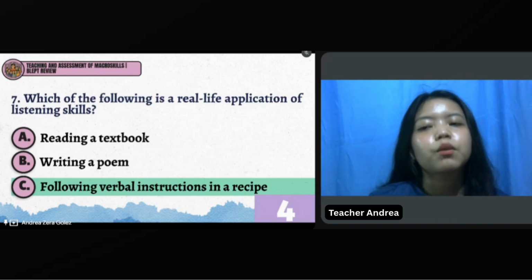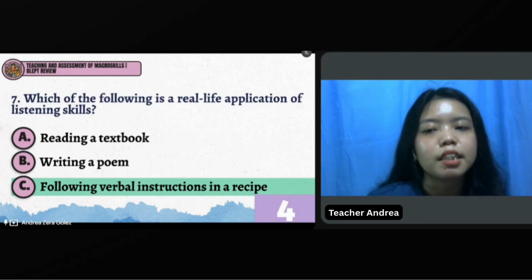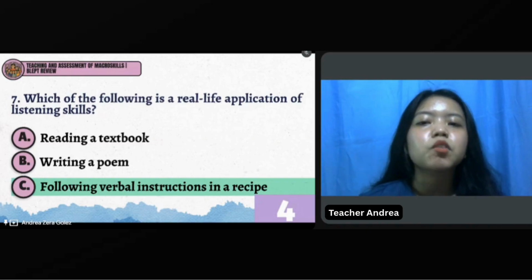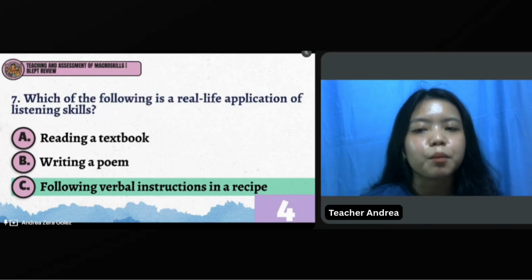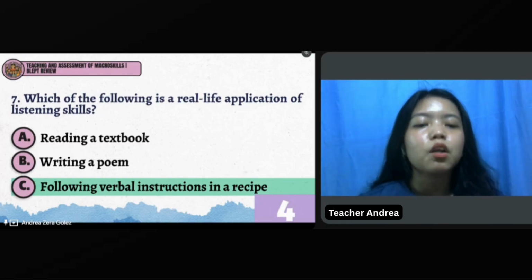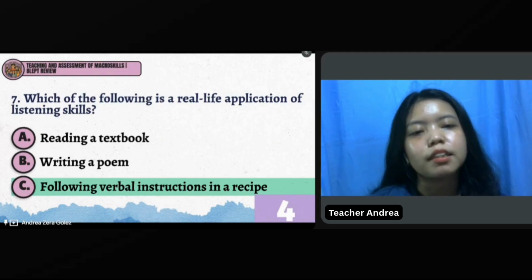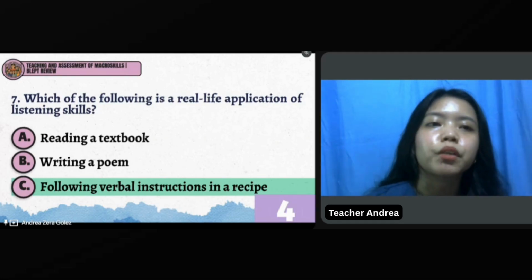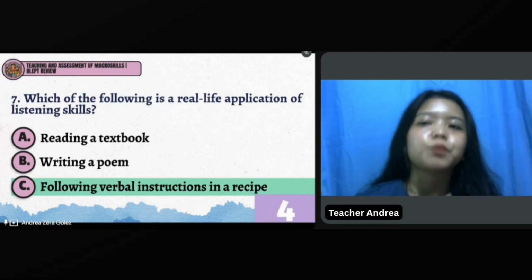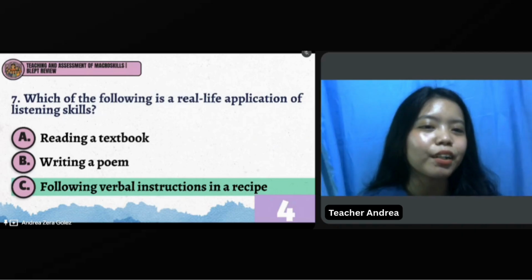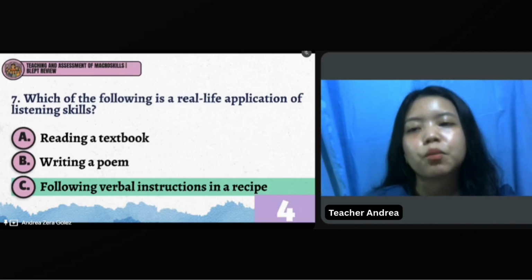So through the use of listening skills, this real-life application is applicable because you are following the verbal instructions in a recipe for you to create a dish. Is that clear? Okay. Next one.